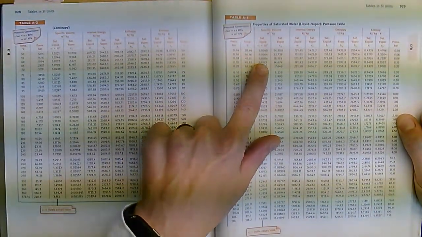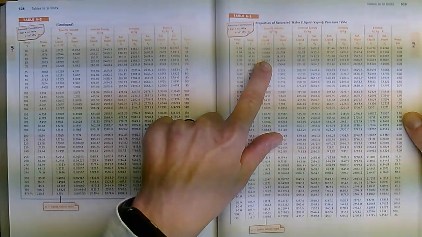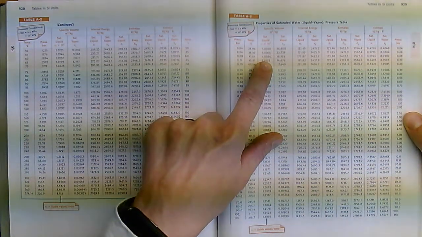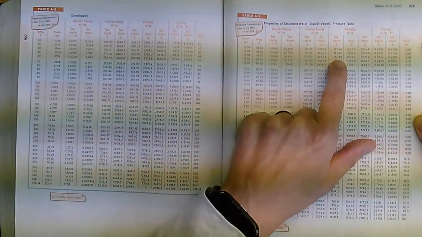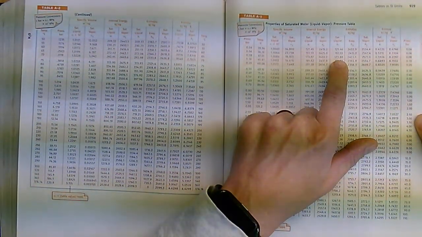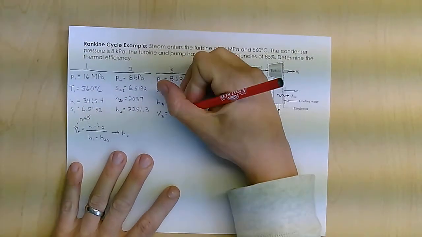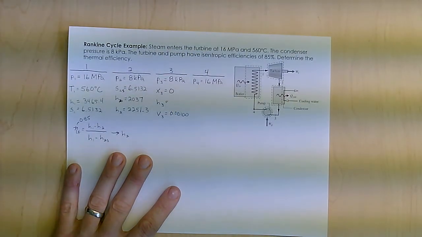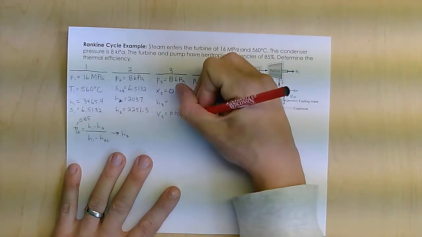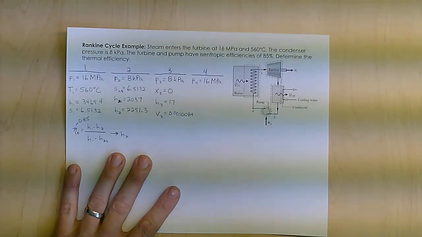My volume is right here: 0.00100084, and my enthalpy is 173.88.